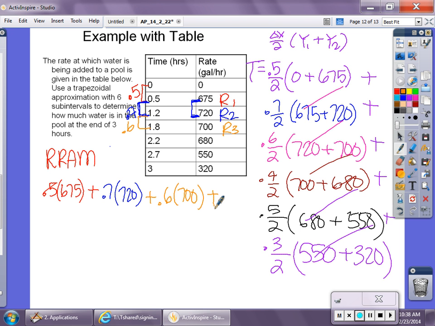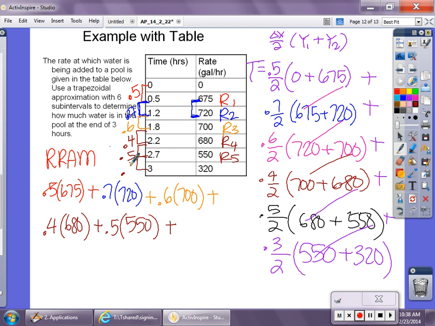And then I'm going to keep going. 0.4, this would be R4. R4 would be 680. And then the last ones I'm just going to do in the same color. So that width would be 0.5, which would be R5, so 550, plus this would be 0.3, and then this would be R6, 320.